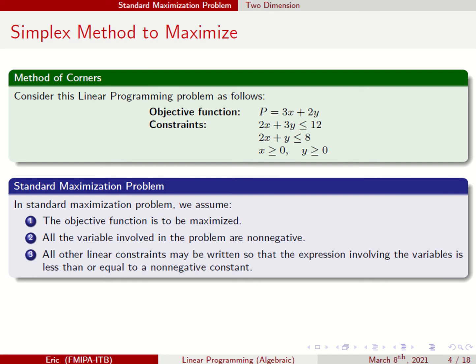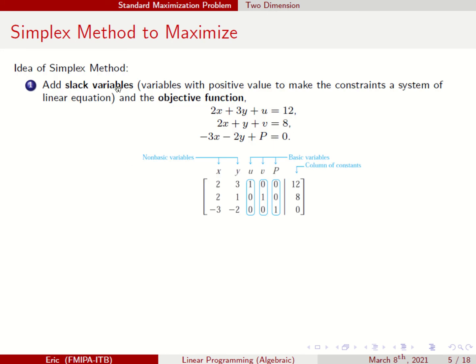Let's look at this problem. First, you add slack variables, u and v. You have two constraints, and to these two constraints you add slack variables, variables that have non-negative value, such that each becomes an equality.